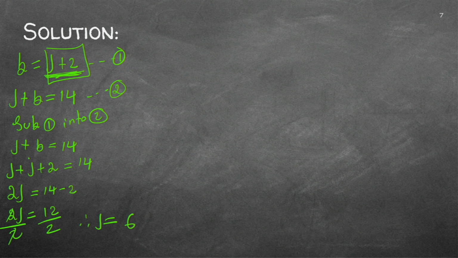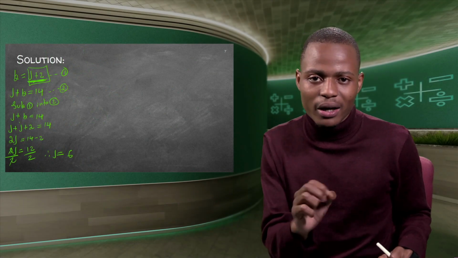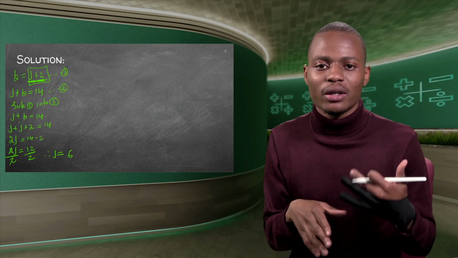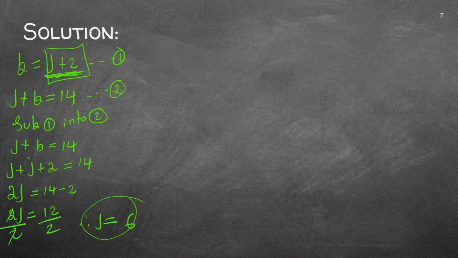So we now know that Jane got 6, and we now need to use Jane's mark to find what Bongani's mark is. So we can easily say substitute J equals 6 into equation number 1.